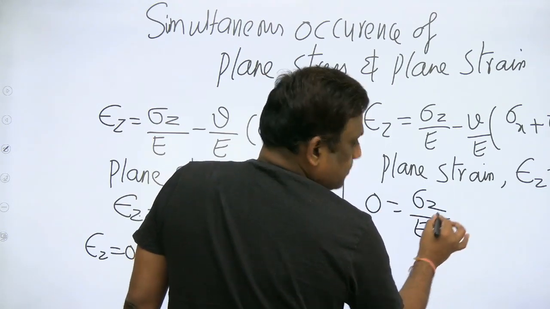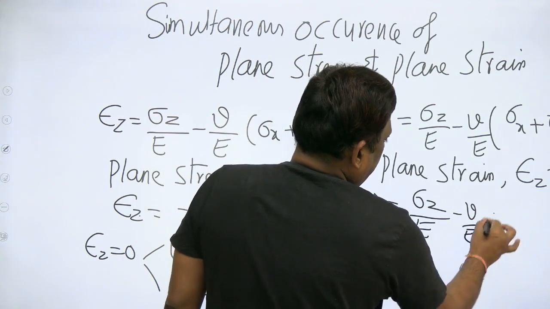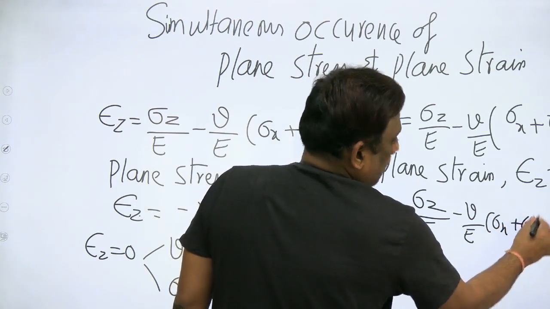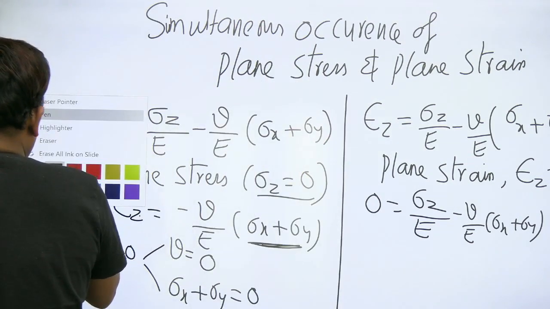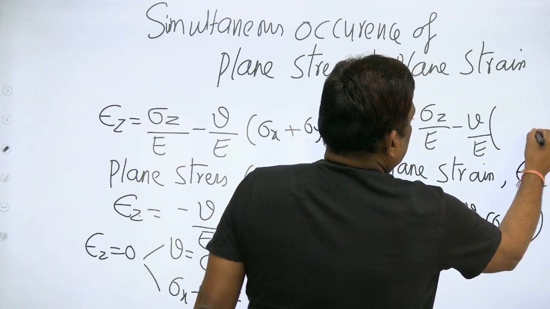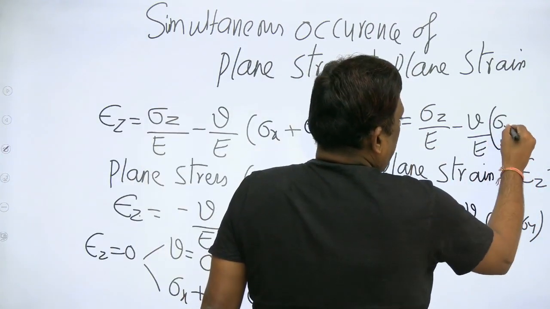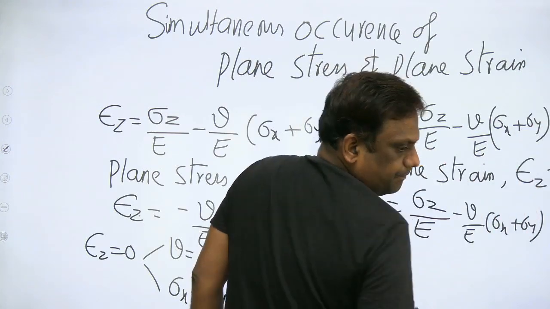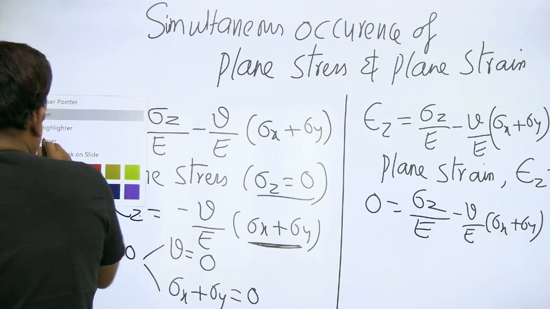It is sigma x by E minus nu by E into sigma x plus sigma y. Okay, no problem at all. This is sigma x plus sigma y.